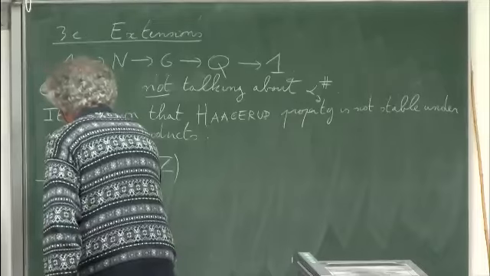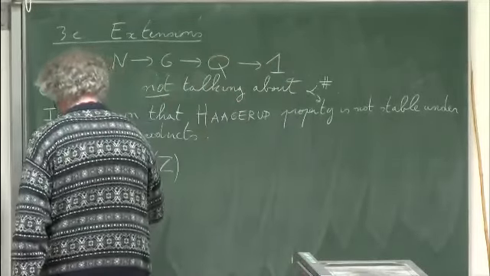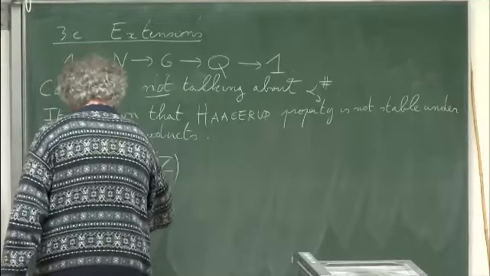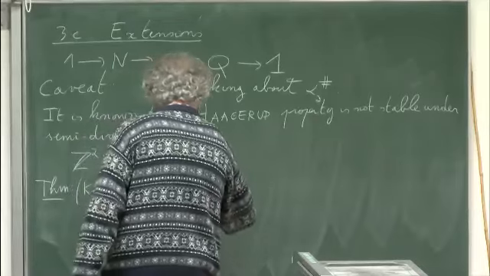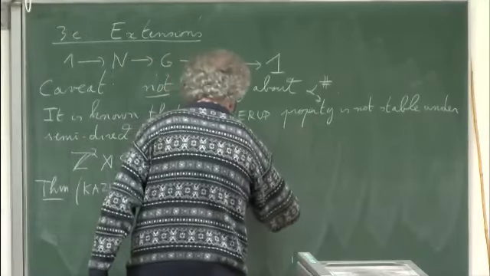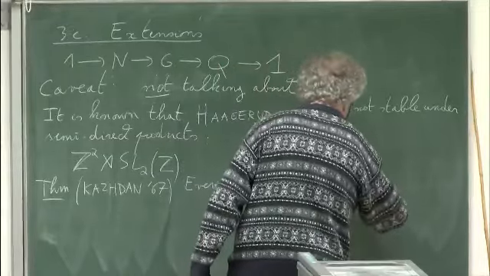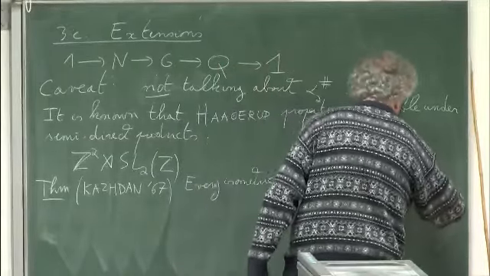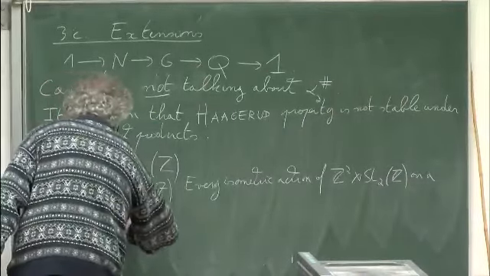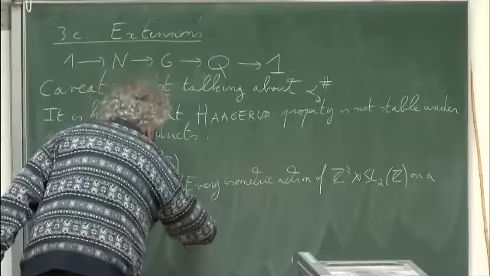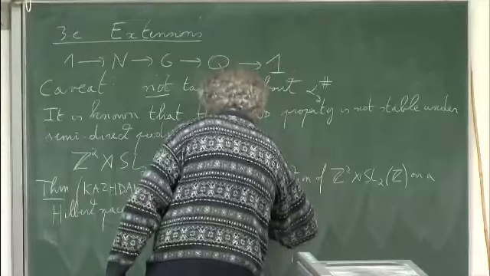there is a result which is equivalent to something that Kazhdan proved back in '67, that every isometric action of this semidirect product on a Hilbert space has a fixed point under the normal subgroup Z squared.